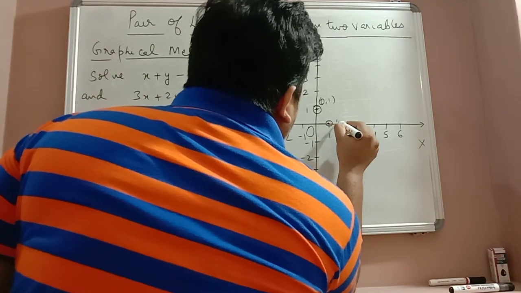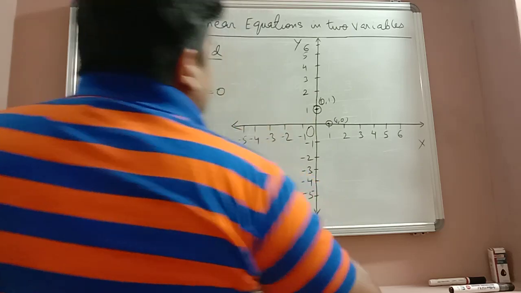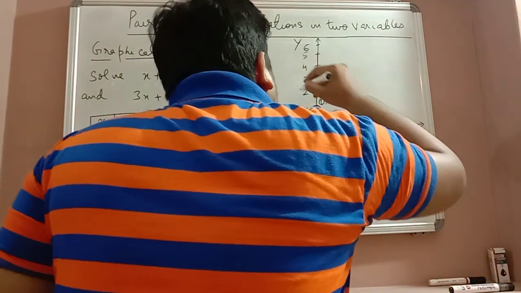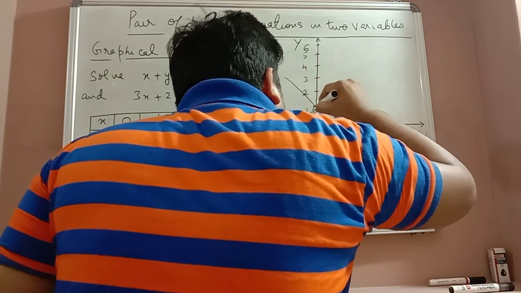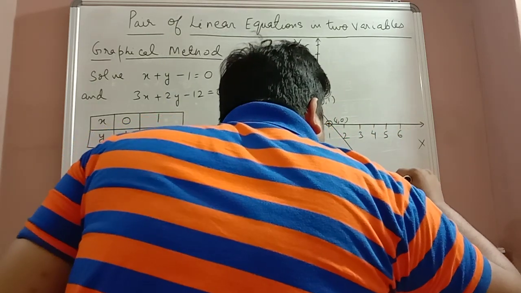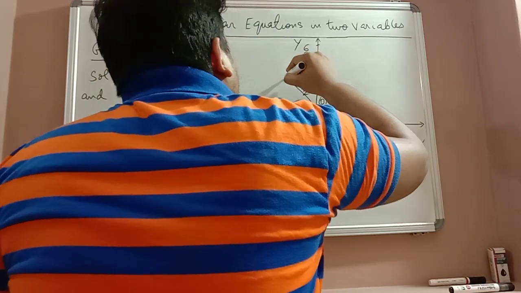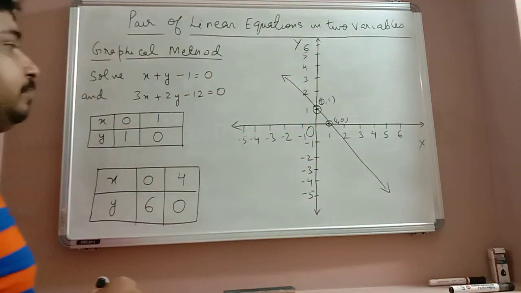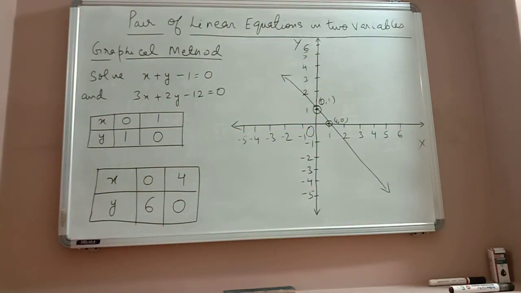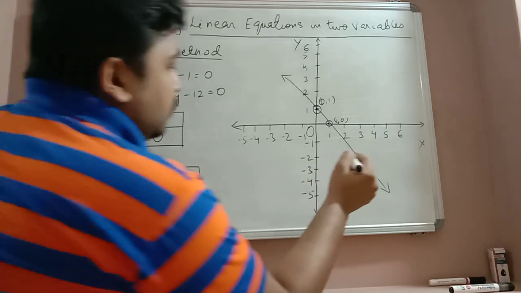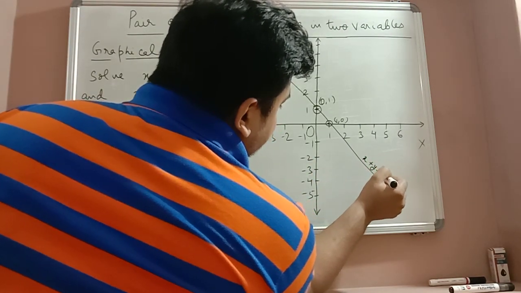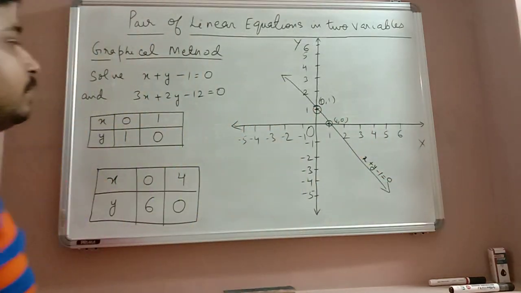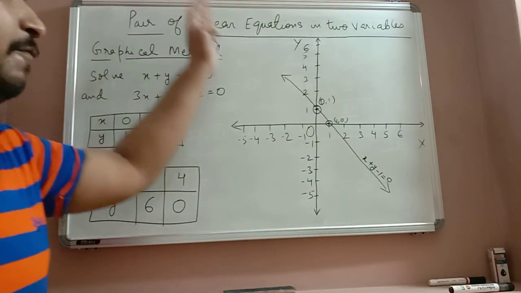So this will be (1, 0). So this will be a straight line like this. This is our line x + y - 1 = 0. Let me write it down here: x + y - 1 = 0. So we have found the graph of the first equation.